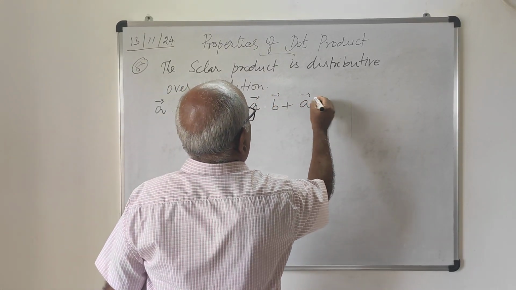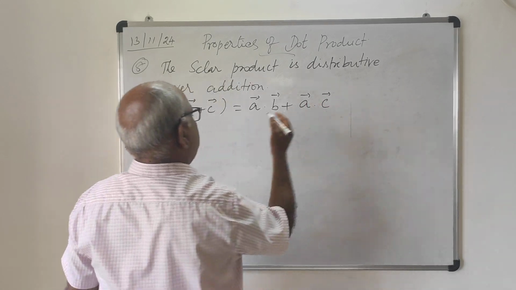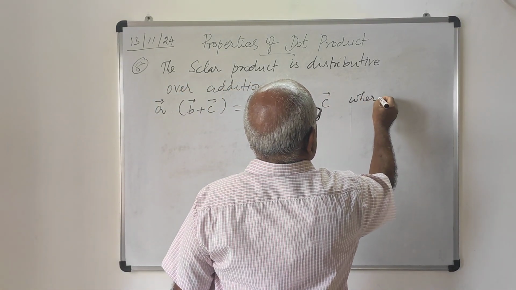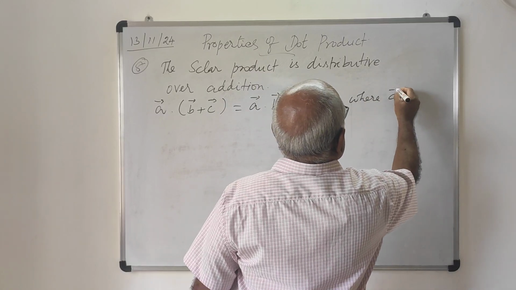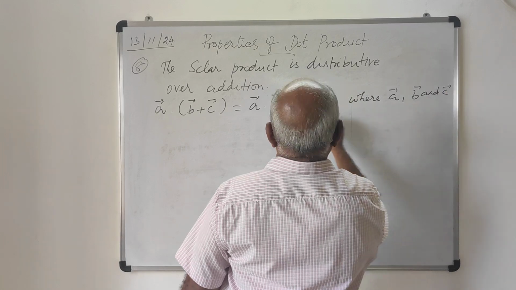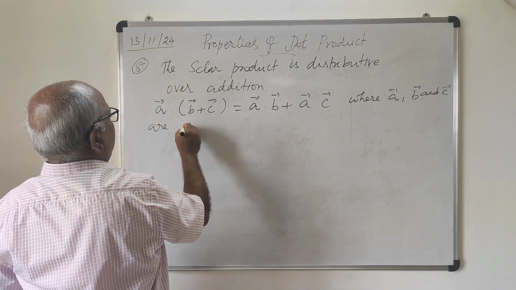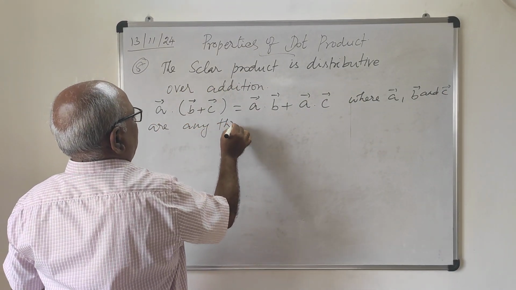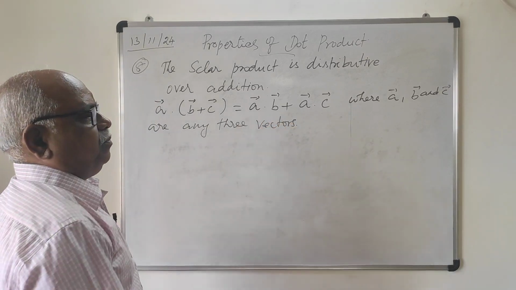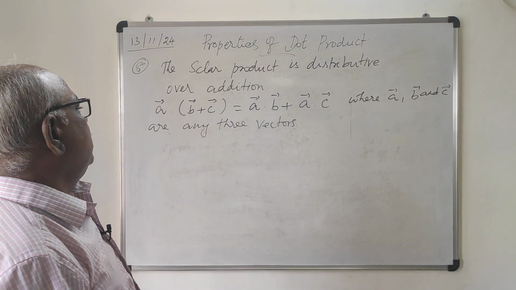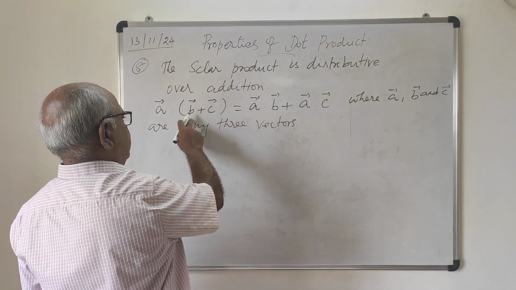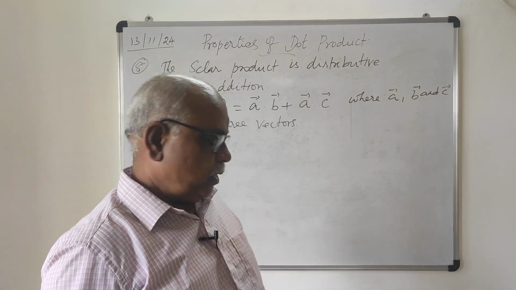That is your distributive law, where A, B and C are any three vectors. For any three vectors A, B and C, the distributive law A dot (B plus C) is A dot B plus A dot C. A is distributive over addition of these two vectors B and C.